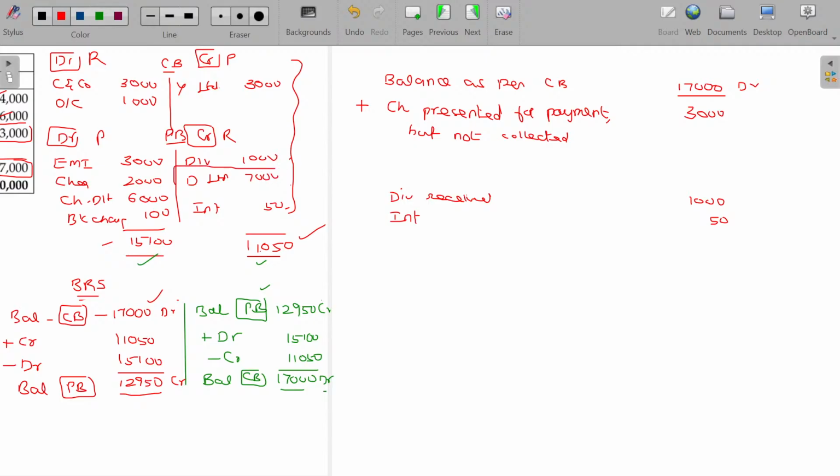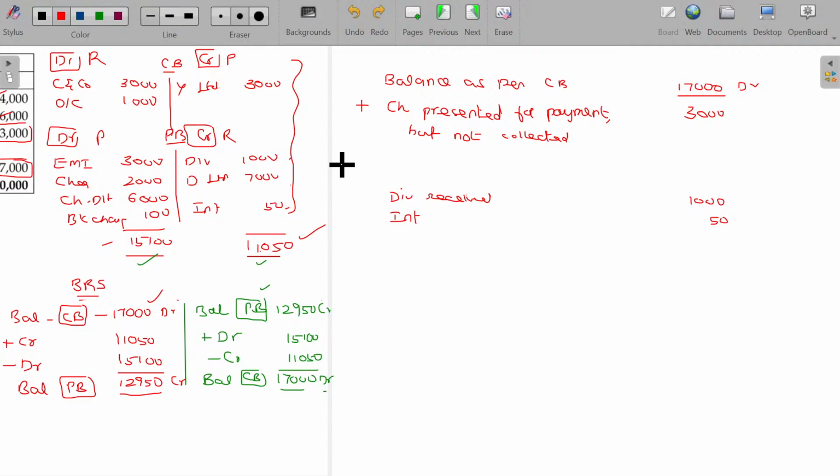What about the 7,000, sir? What about that 7,000? Okay. D might have deposited the check in the bank without my knowledge. You can transfer, right? Sometimes you transfer your fees to my personal account. Unless you state, how will they know that you have deposited? The same happens, D Limited has deposited in my bank account without my knowledge.